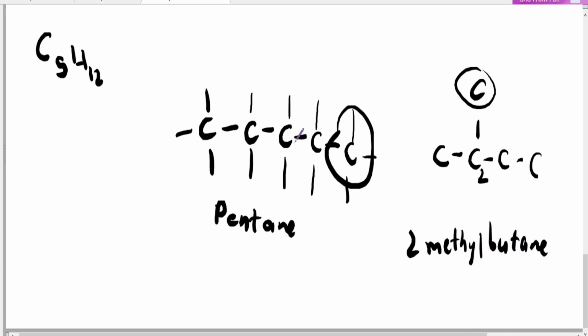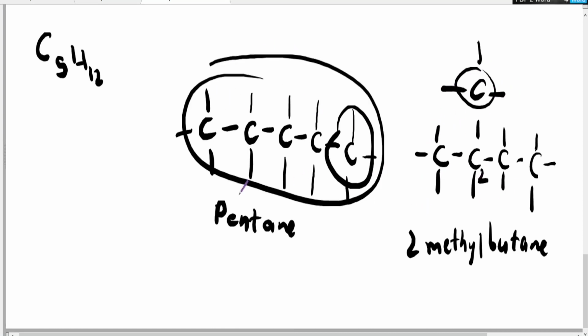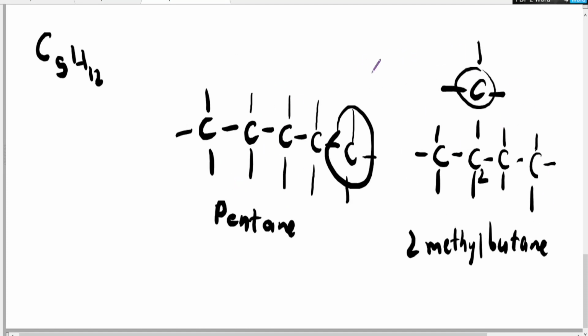And you can see that this will still have 12 hydrogens, right? 1, 2, 3, 4, 5, 6, 7, 8, 9, and 3 hydrogens here would be 10, 11, and 12. So C5H12 still, and C5H12 here as well. C5H12, C5H12. So these two are said to be isomers.